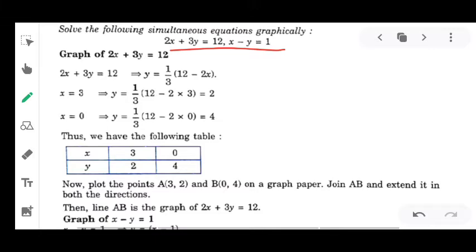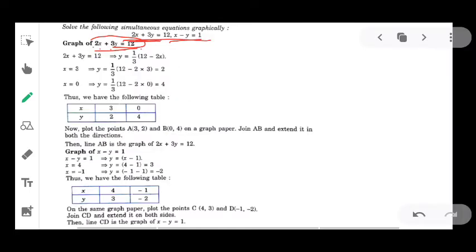Solve the simultaneous linear equations 2x plus 3y equal to 12, x minus y equal to 1 graphically. So first write down 2x plus 3y equal to 12. Here you can find y equal to 1 by 3 into 12 minus 2x.